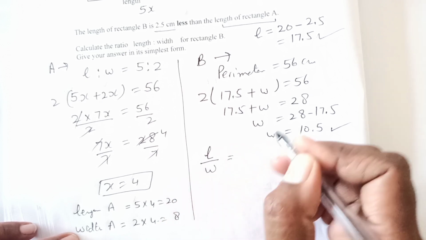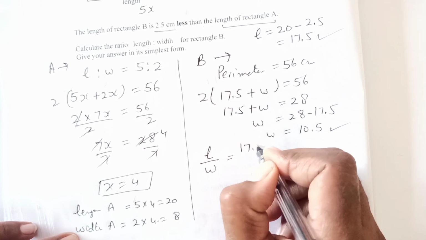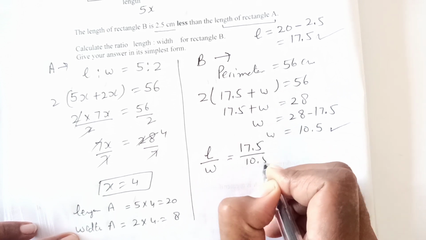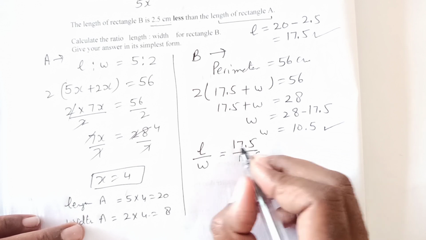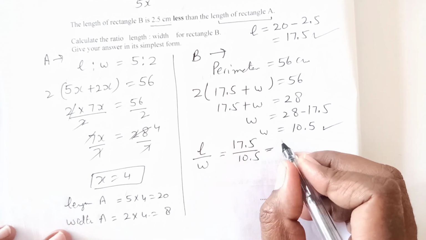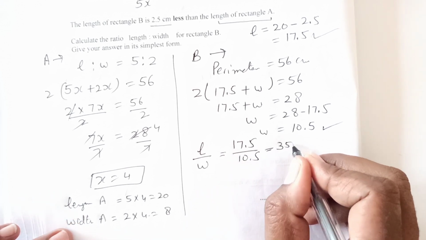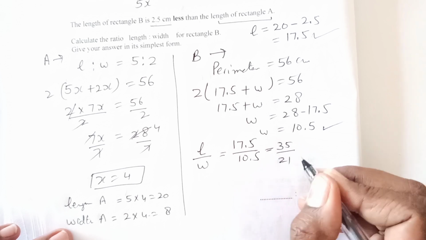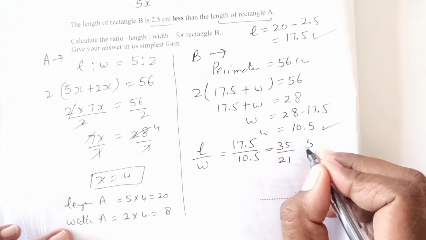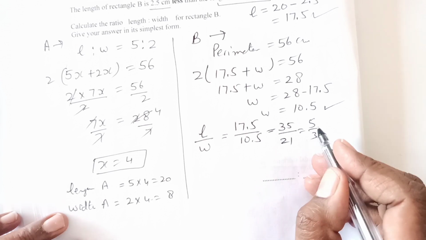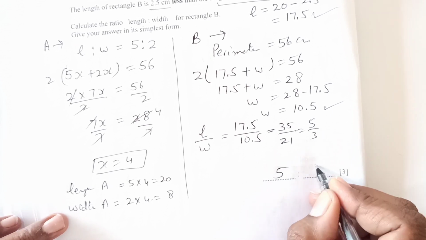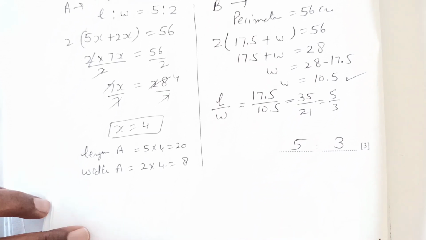Let me write it down like this. So length is 17.5 over 10.5. The decimal gets cancelled, so divide it by 5: 5 times 3, 5 times 5, 21. Now divide by 7. 7 times 5, 7 times 3. So we have 5:3 as a final answer, right?